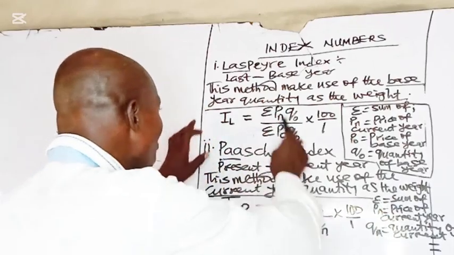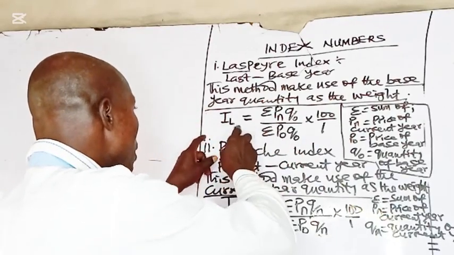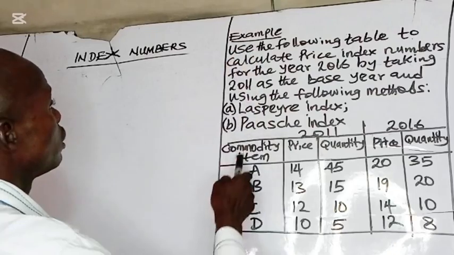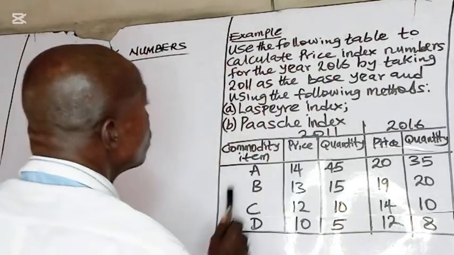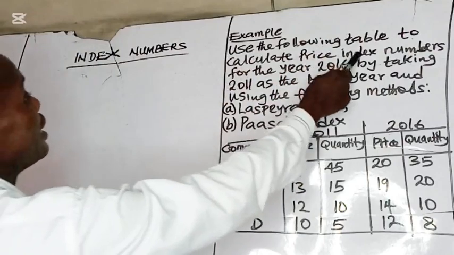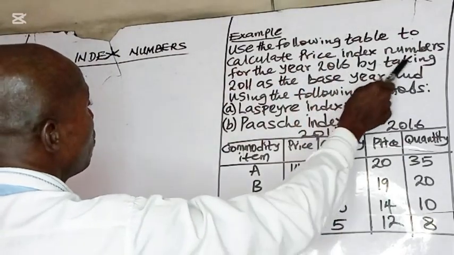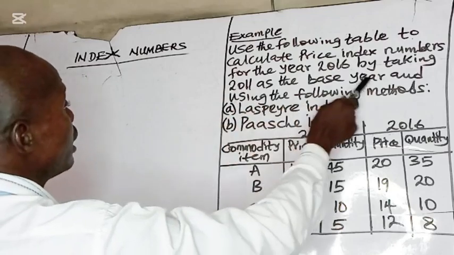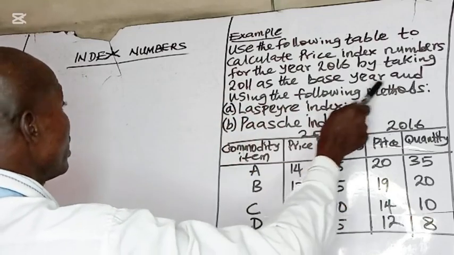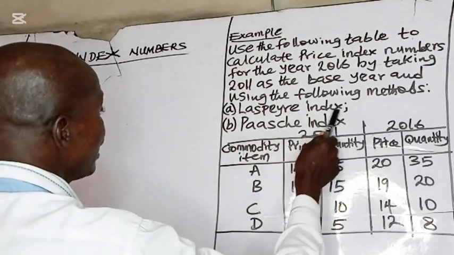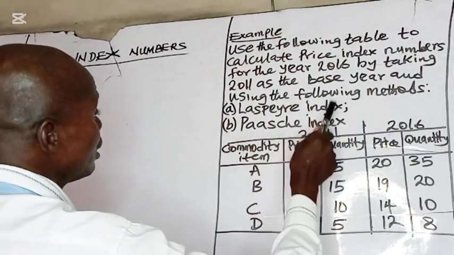So now let me provide a worked example for Laspeyres and Paasche. Example: use the following table to calculate price index numbers for the year 2016 by taking 2011 as the base year and using the following methods: A. Laspeyres Index. B. Paasche Index.